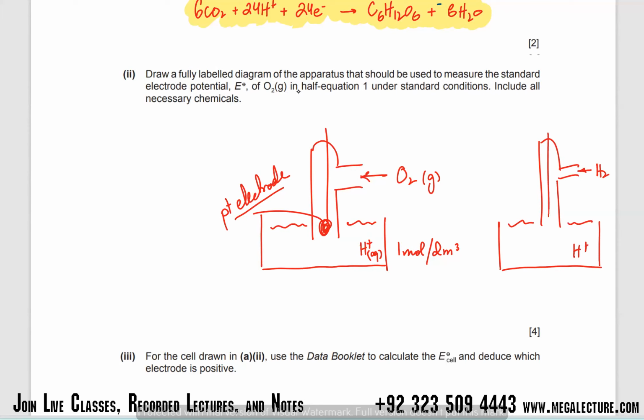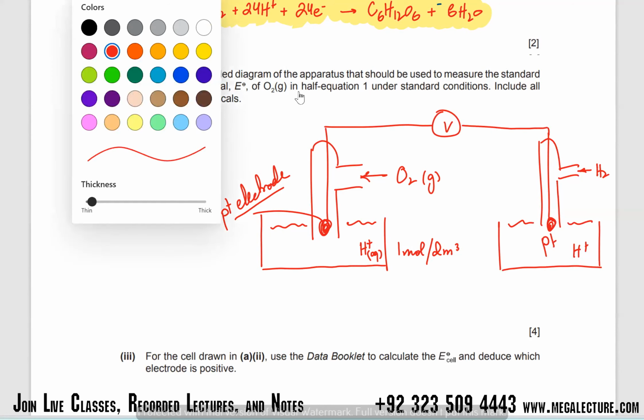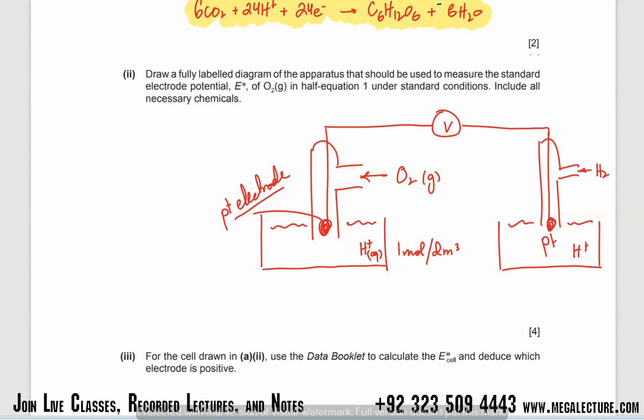There's going to be a platinum electrode. And you're going to connect them together by a voltmeter. And there's going to be one more thing, which is our salt bridge.